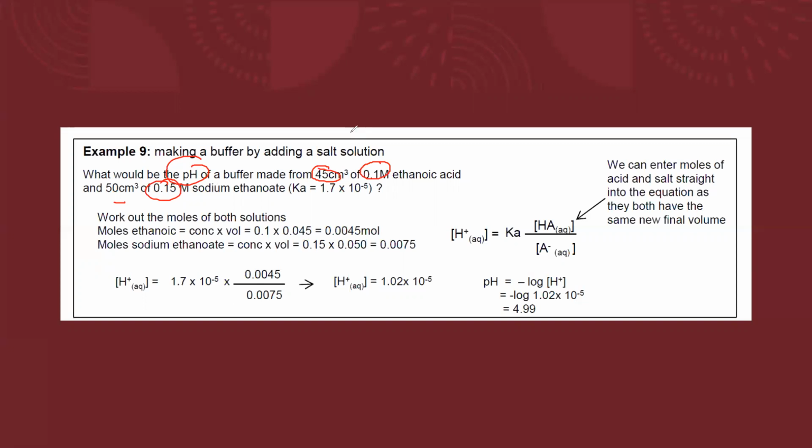Now, the formula, as we know, the hydrogen ion concentration is Ka times the concentration of acid divided by the concentration of salt. So what is the concentration? First, we are mixing ethanoic acid with the salt, sodium ethanoate.